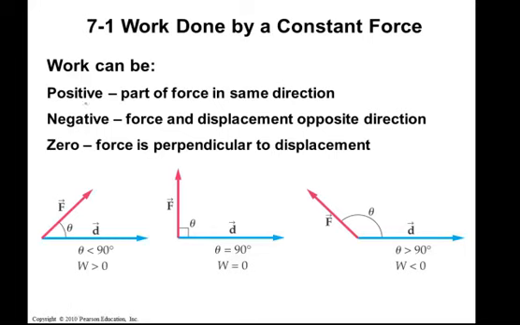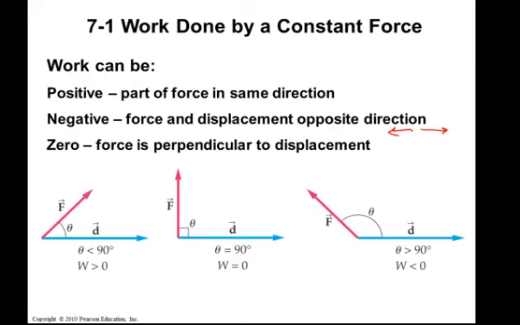Now work can be positive, which means part of the force is in the same direction. Work can also be negative, meaning the force and displacement are in opposite directions. That would be where you might have the force this way, but the object is moving this way. So that would be negative work. For example, if I pick something up and lift it up, the force and the direction moving are the same, so that'd be positive work.